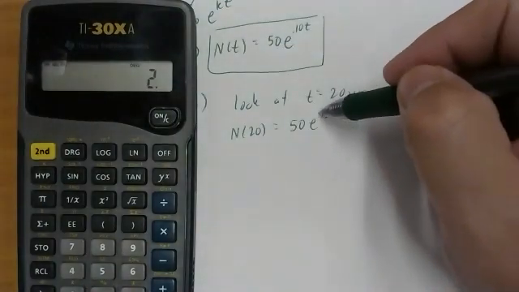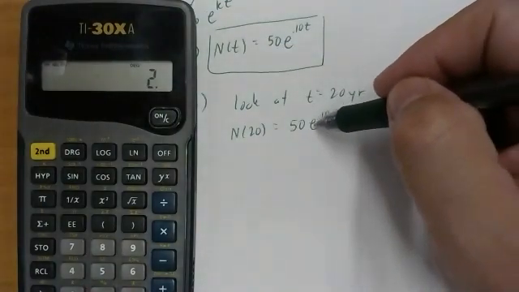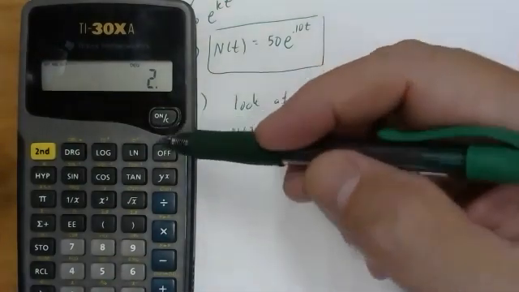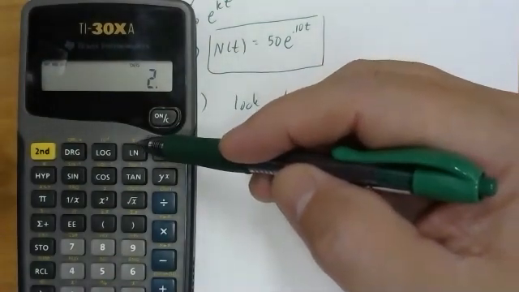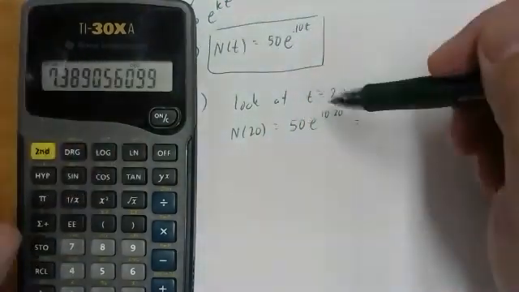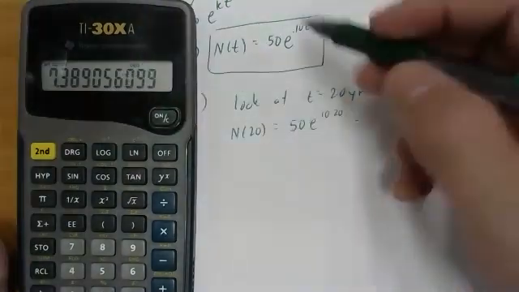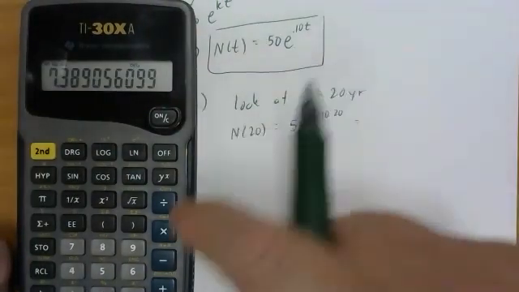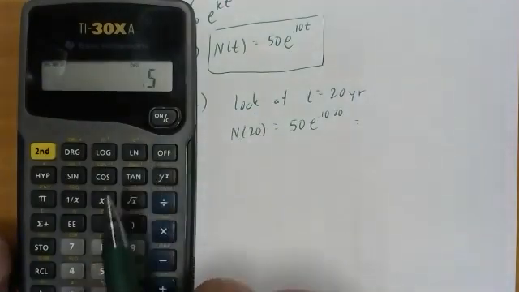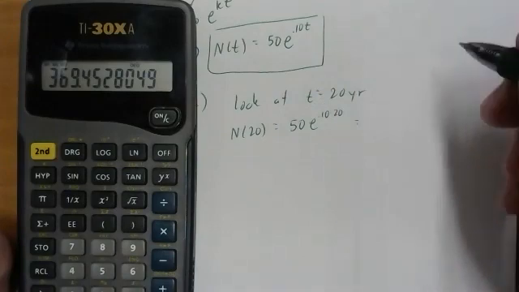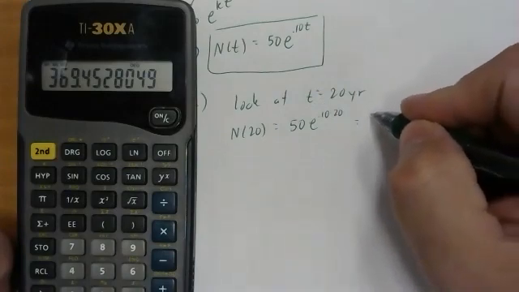So 2 is the exponent of my e, so it's e to the 2. For my calculator, once again, I can go access my e to the x key. So this number here is e to the 2. I need to multiply it by 50. And I get 369.4.